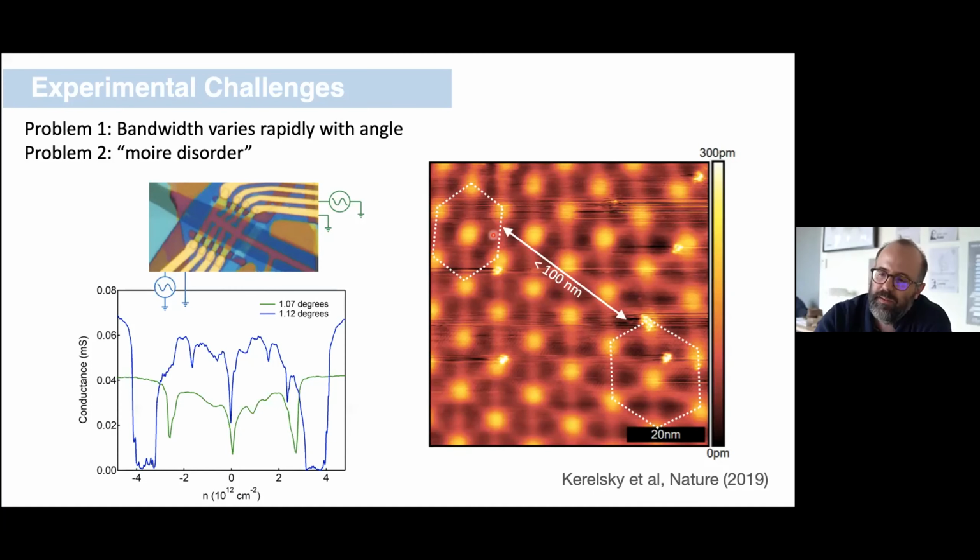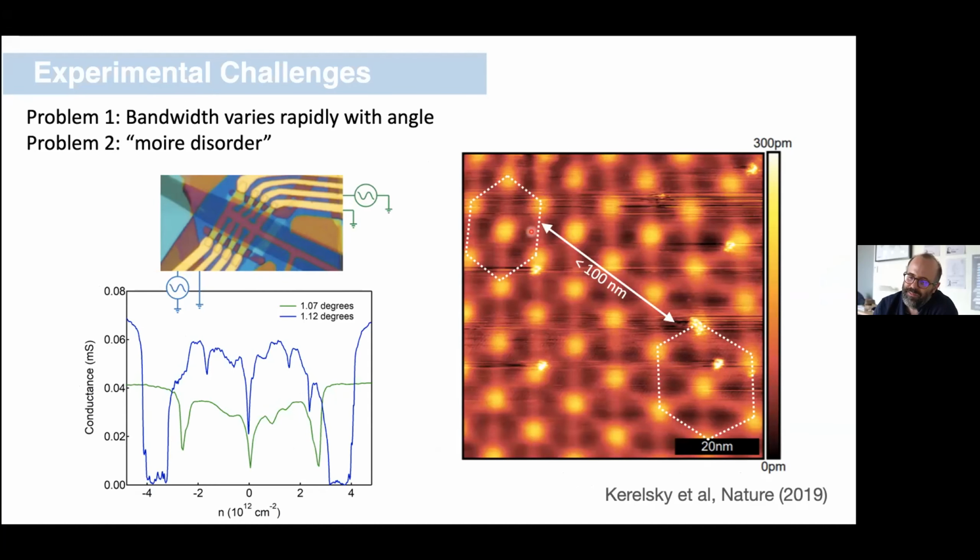The flat band evolves rapidly to the flat band condition and de-evolves rapidly away from it. So it's not only that I have this 0.1 degree window; within the 0.1 degree window, things are changing extremely rapidly. So if I want to have a device with any kind of uniformity, this problem has to go away.